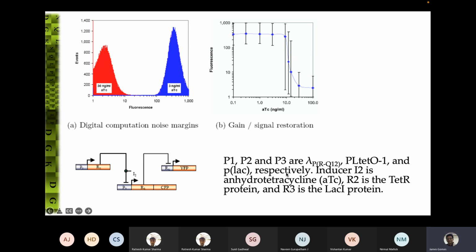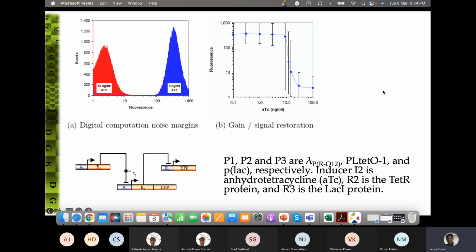Of course, you have to go back and look at this paper, where they have used TetR and LacI as the two genes, and they have a circuit like this. If you put ATC, you get one kind of signal at a certain level, and if you have the LAC also along with it, then you get another kind of signal.